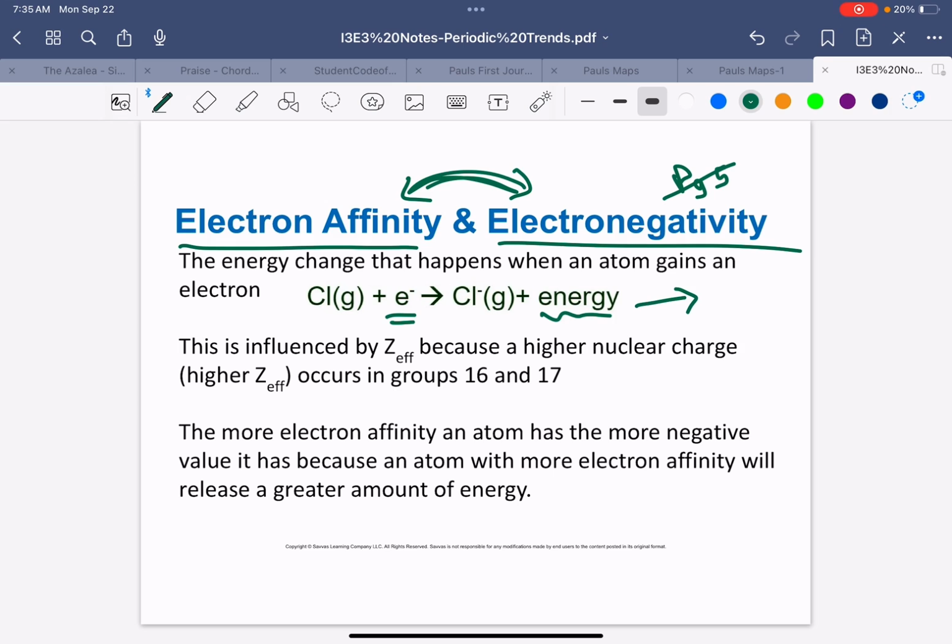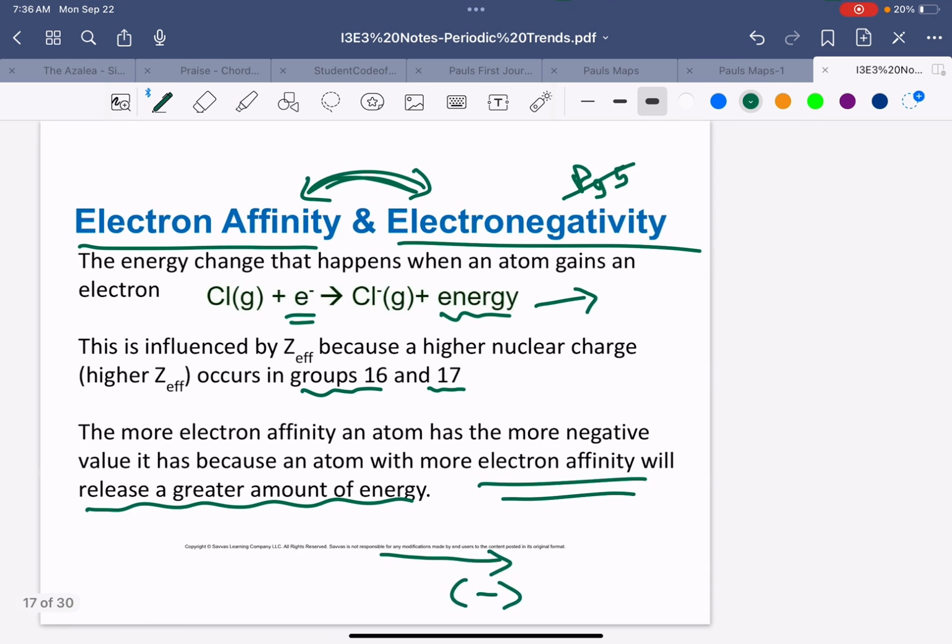This is influenced by the nuclear charge because there's a higher nuclear charge once we gain an electron in groups 16 and 17. The more affinity an atom has, the more negative the value will become, because atoms that want electrons will release a greater amount of energy. And anytime we're releasing energy, we associate that with a negative value.